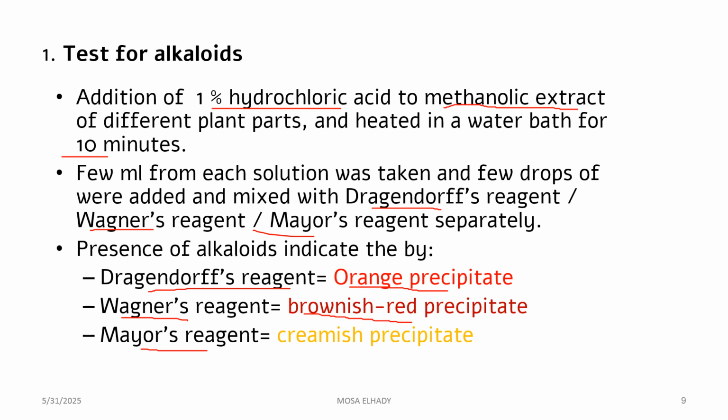Mayer's reagent forms a creamish precipitate as the end product of the reaction. So finally, we can report the result as positive or negative. If positive, it is present; negative, it is absent.